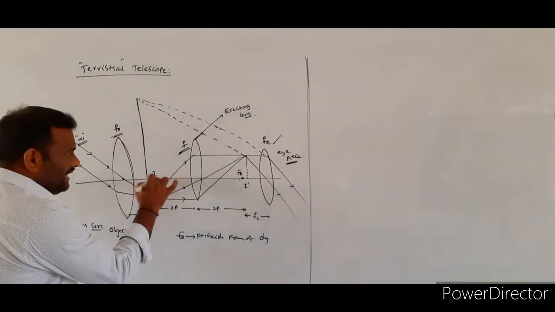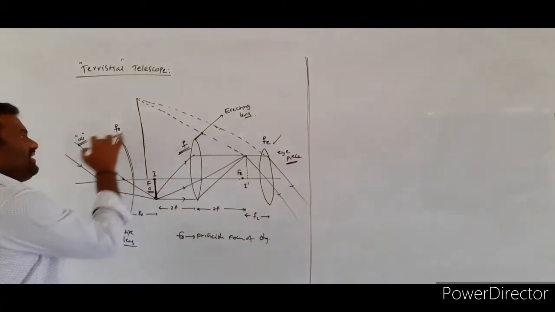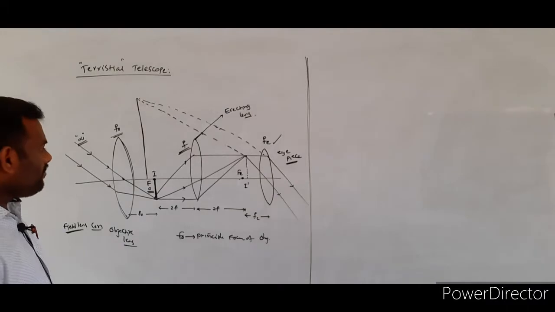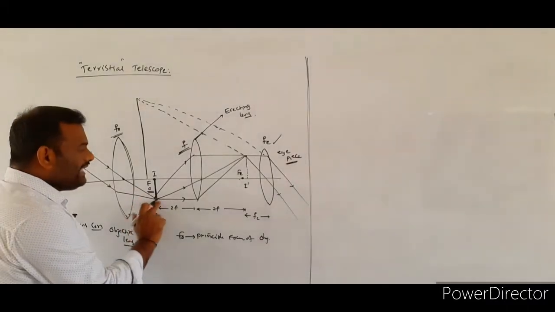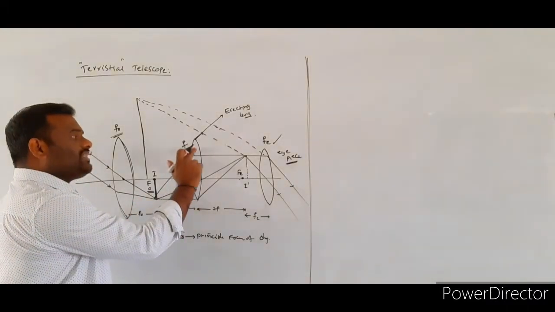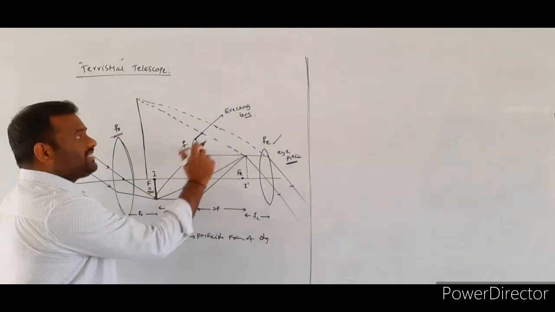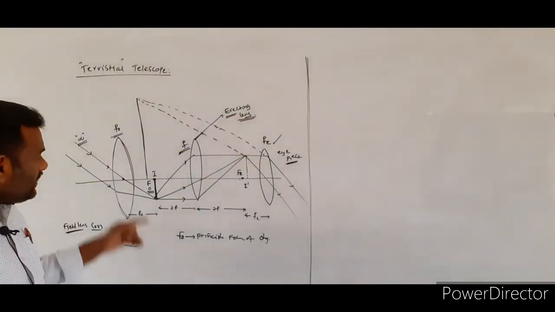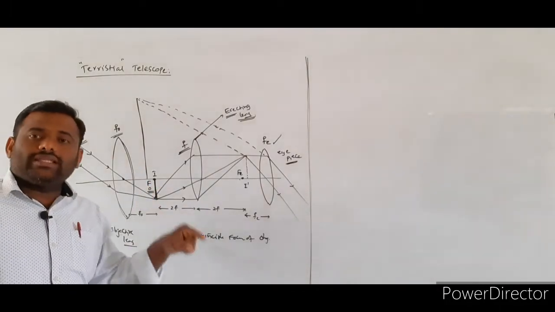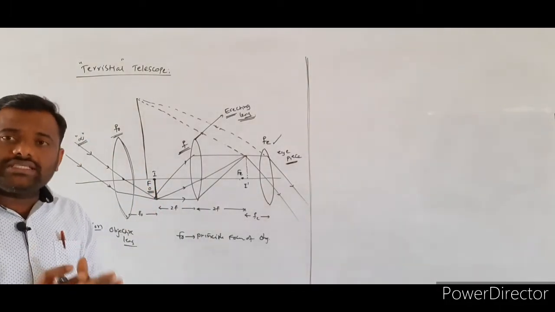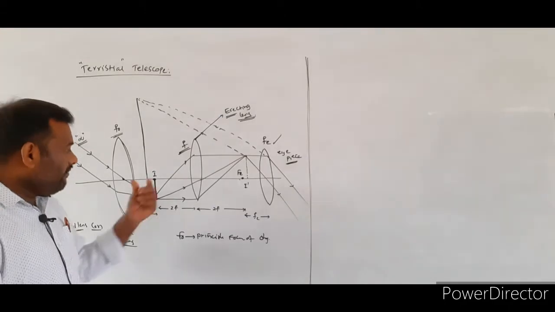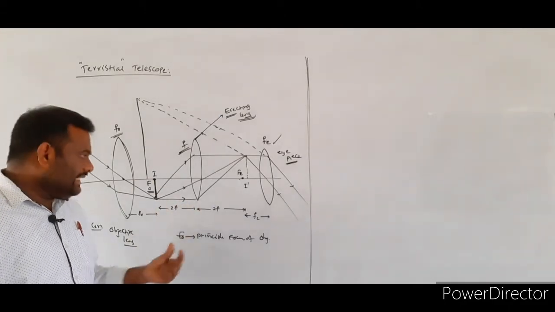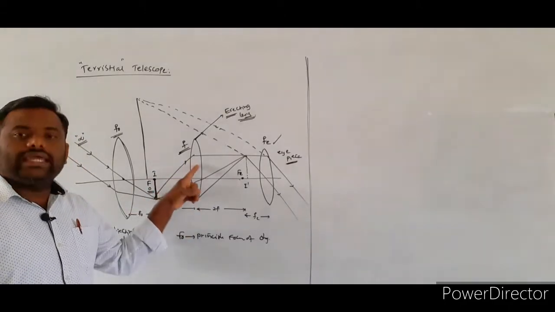Now, the image formed by the objective lens acts as the object for the erecting lens. The image produced by the objective lens will act as a virtual object for the erecting lens.